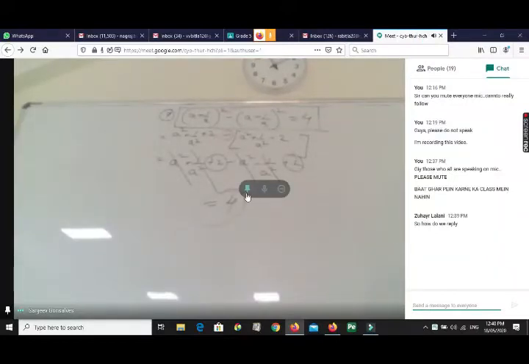So the formula is (a plus 1 upon a) whole bracket square minus (a minus 1 upon a) whole bracket square is equal to 4. Have you copied this ninth formula? Yes, sir.